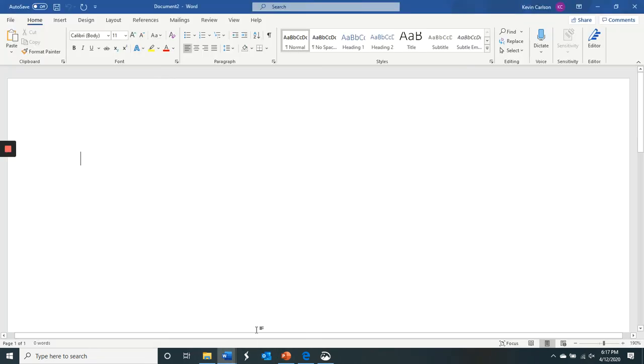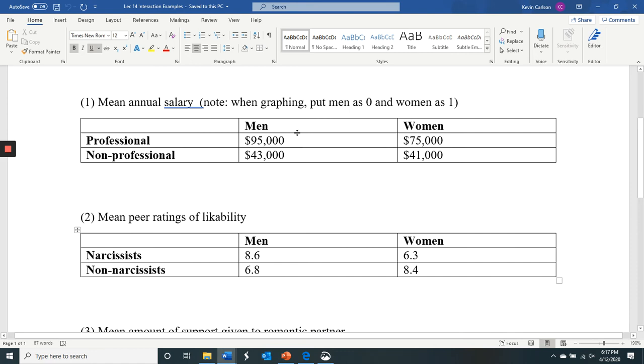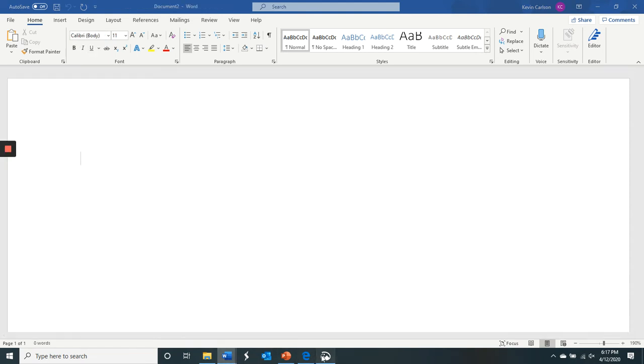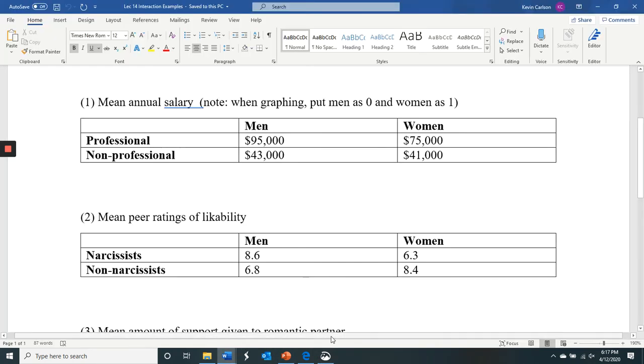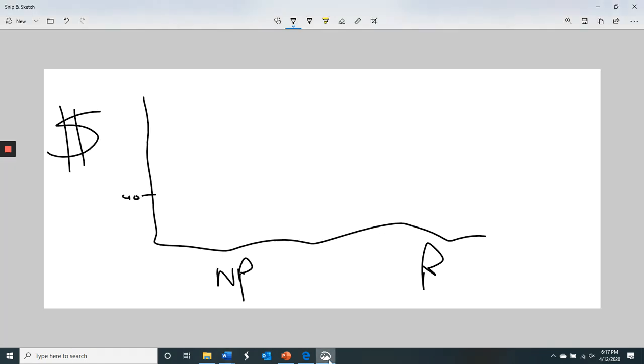All you do is just graph the information. Here, for the non-professional, men make 43, women make 41. You probably want to put little lines on here and labels, but let's say this 40's around here. Again, for non-professional, men make 43, women make 41. So we have a 41, and we have a 43.